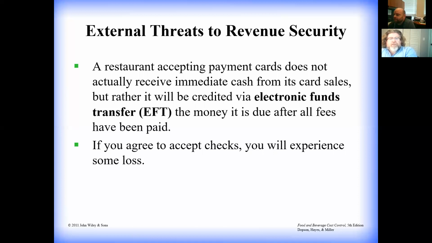So as a restaurant, when you take credit cards or debit cards, you don't get the money immediately. You get what's called an electronic funds transfer. The credit card company sends the money to your bank after they've pulled out all their fees. So when you use debit cards or credit cards as a restaurant, you're actually paying for that convenience, and that includes the little square thing that people have with their phones.